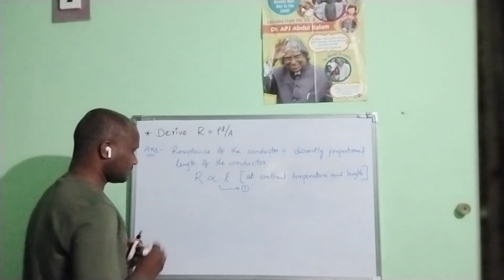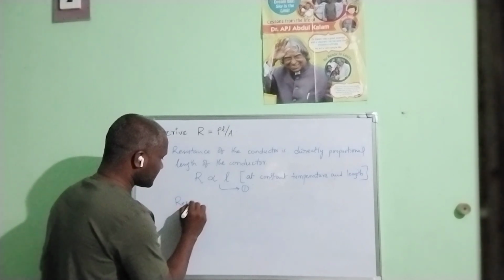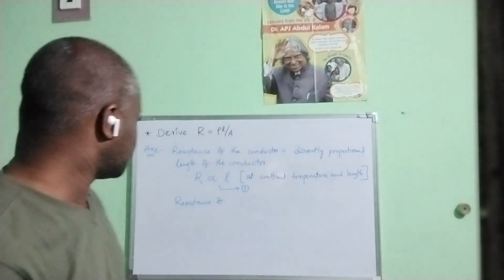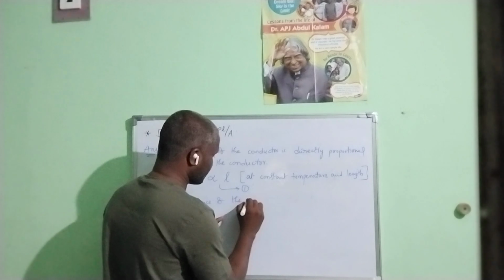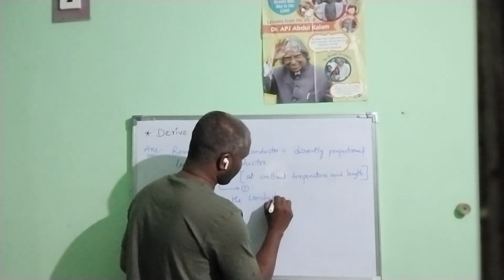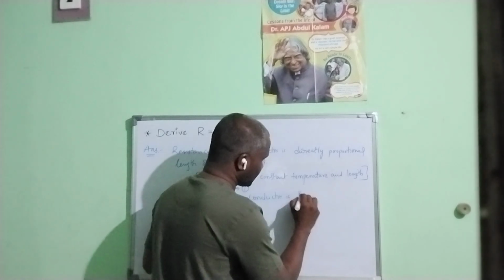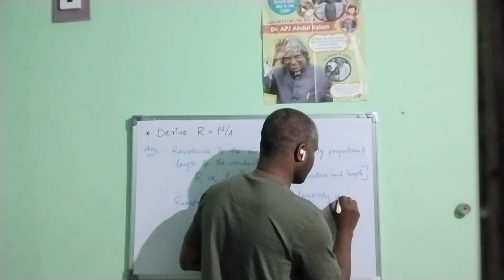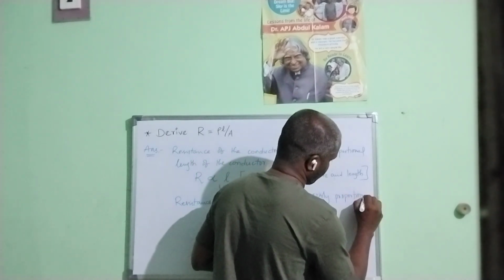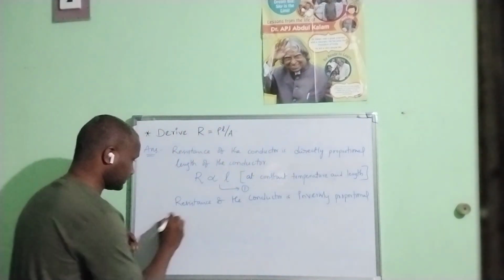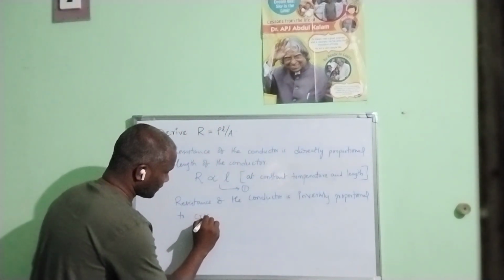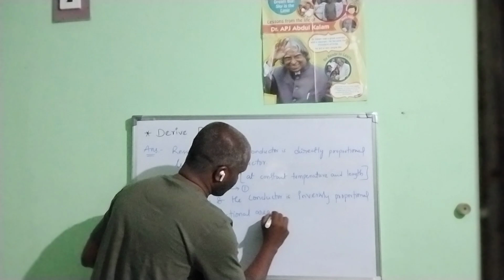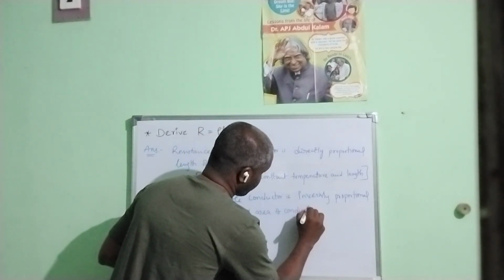And another point we should remember is the resistance of the conductor is inversely proportional to cross-sectional area of the conductor.